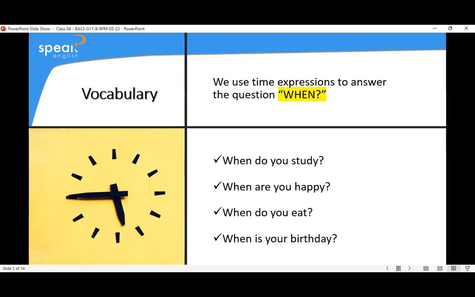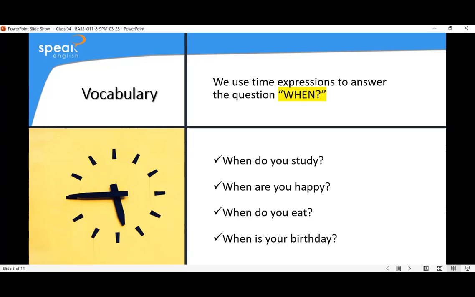I have a birthday, when? Whenever you want to know a time related to some specific information, then you can ask the question when. For example, when do you study? When are you happy? When do you eat? When is your birthday? Everything related to the question when is specifically for time, okay?